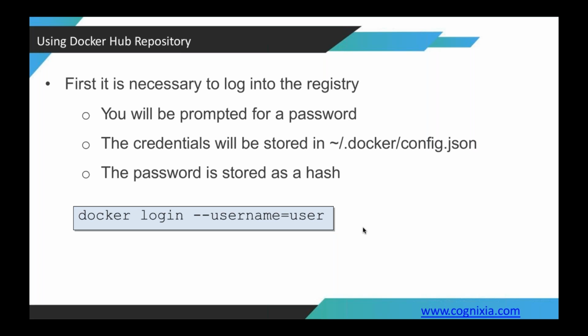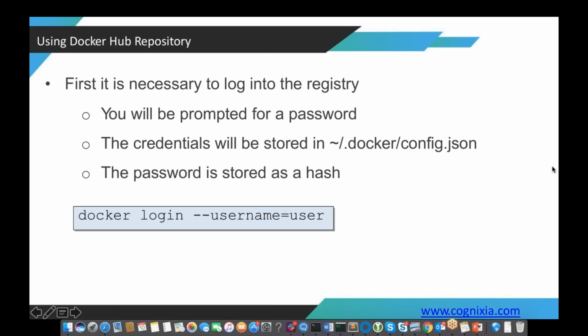Hashing uses algorithms which encrypt your password so that any other user can't look out for the password that you have used. This is how Docker can access the images inside the Docker Hub.